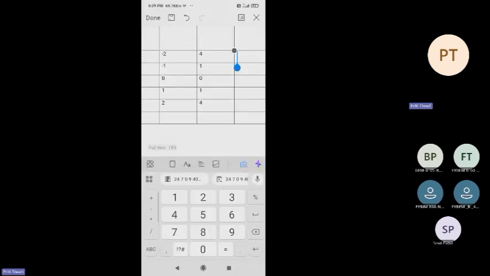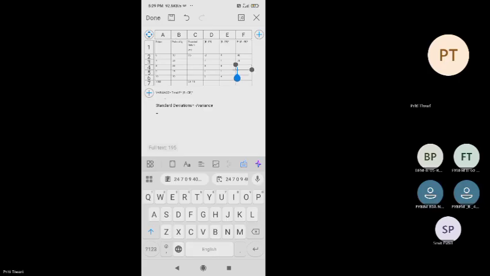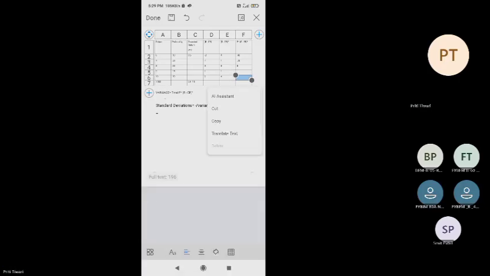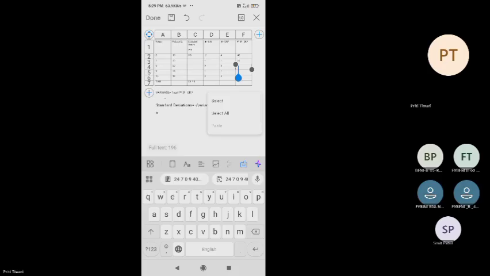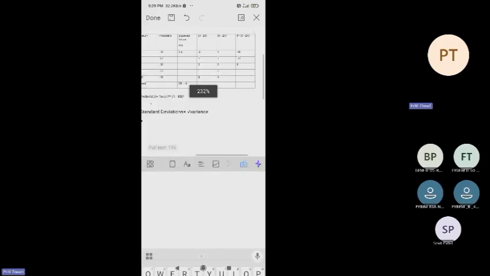Over here it is 0.40. Next, 0.25. Again 0. Again 0.25.